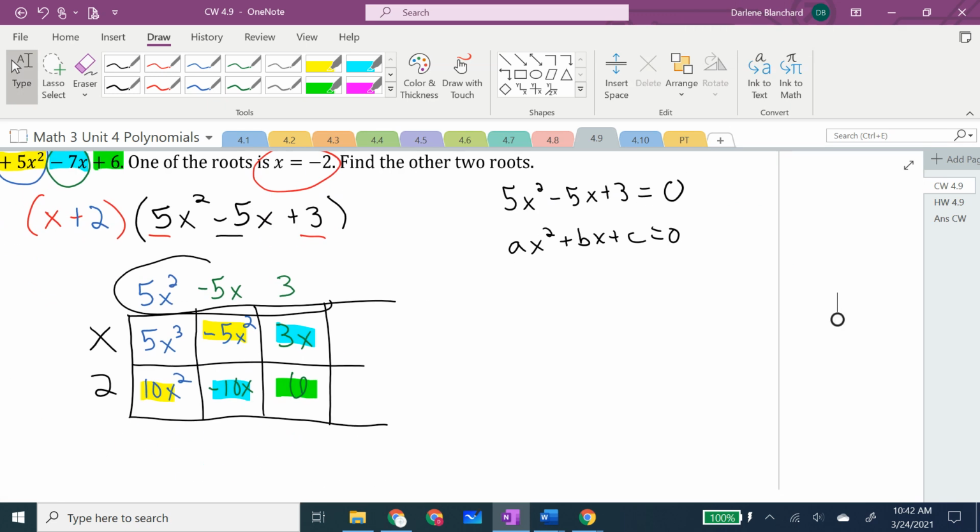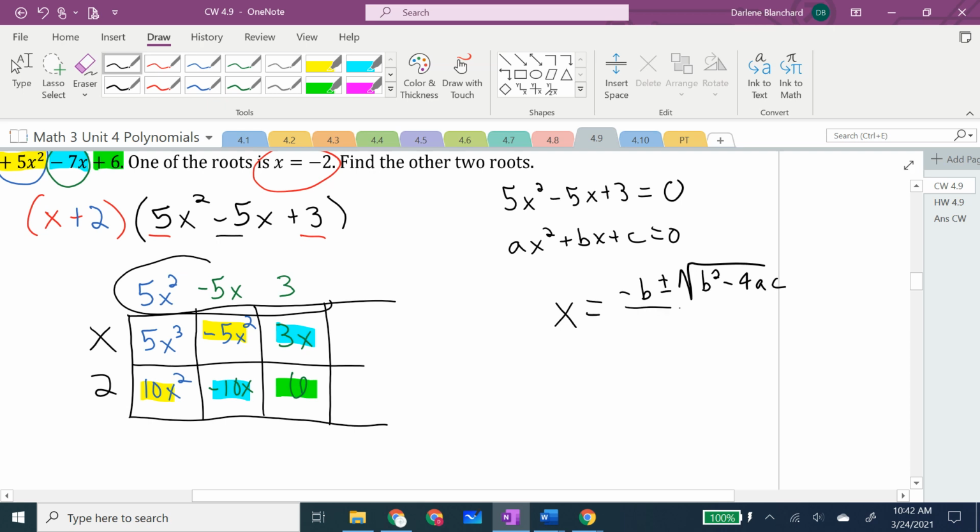Okay. x equals negative b plus or minus the square root of b squared minus 4ac, all over 2a. And I'm thinking you sang it in your head.